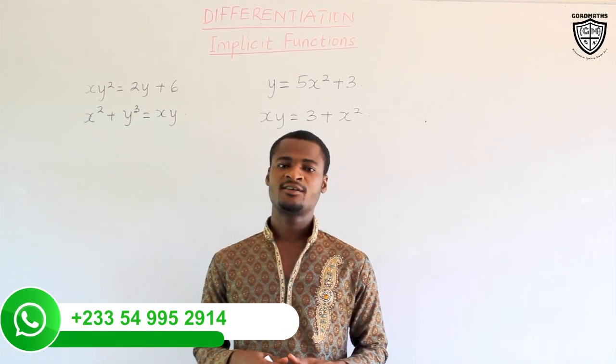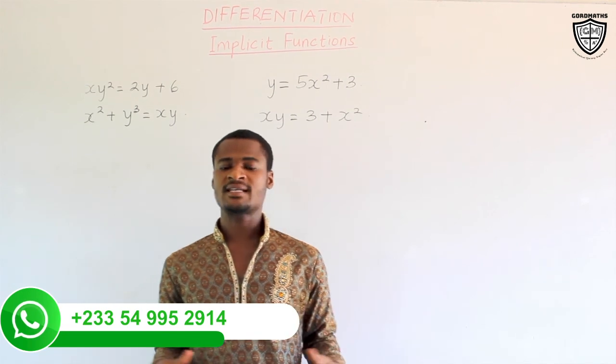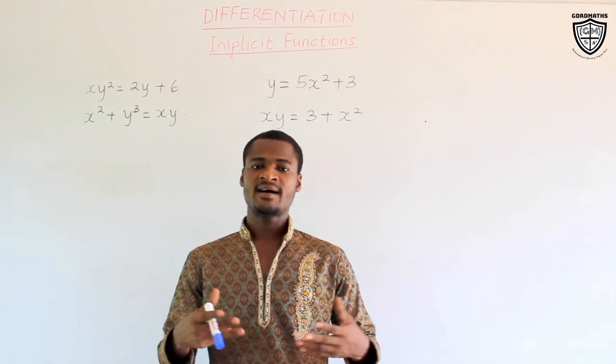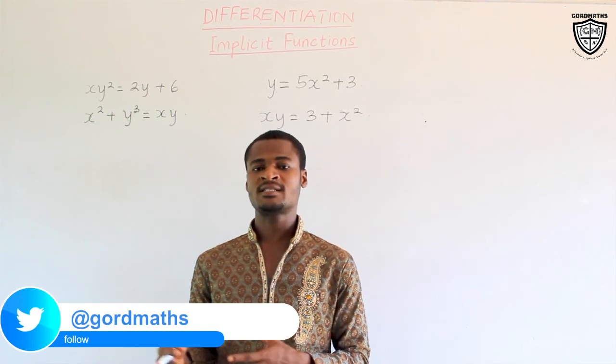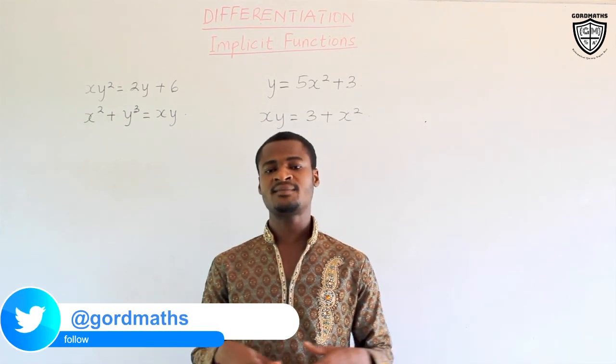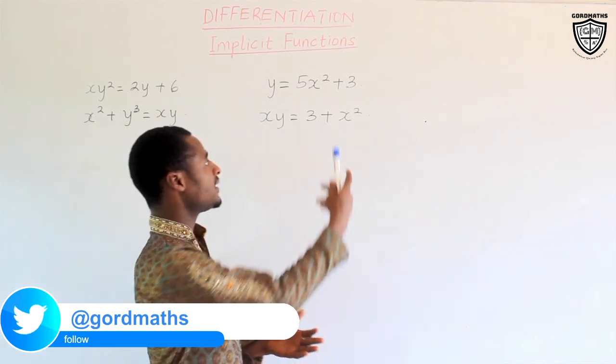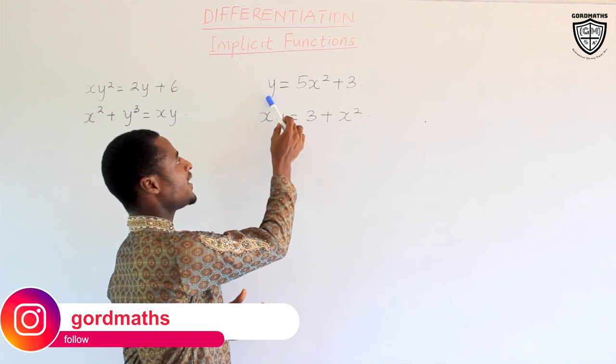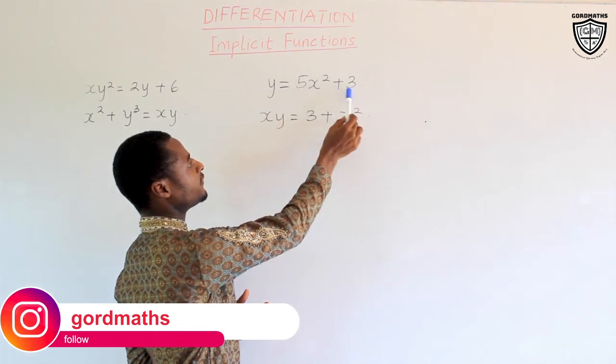So far in our lesson on differentiation, we have come across explicit functions. Explicit function means that in that function, one of the variables can be made the subject in terms of the other. Consider the two functions here. In the first function, y is expressed in terms of x.